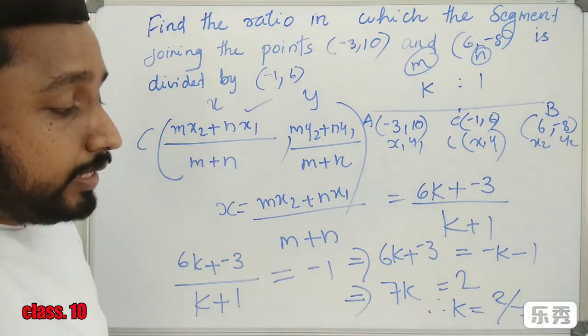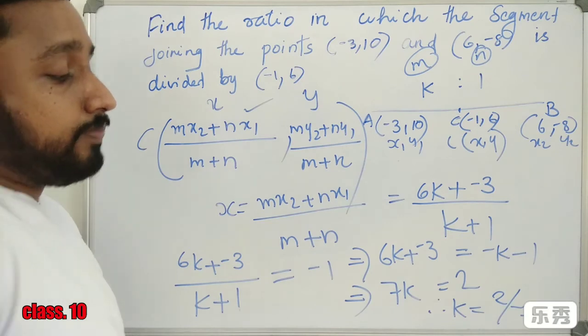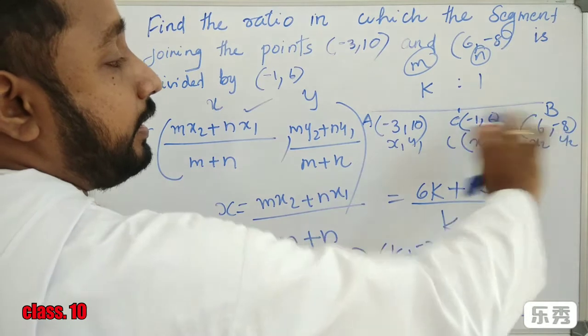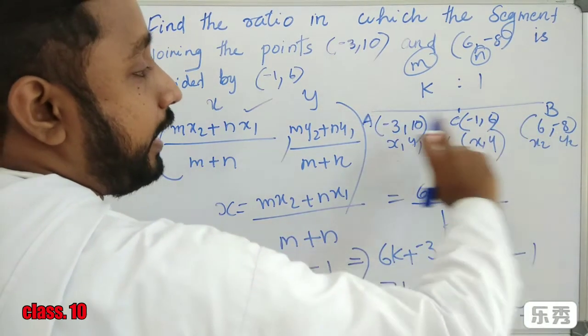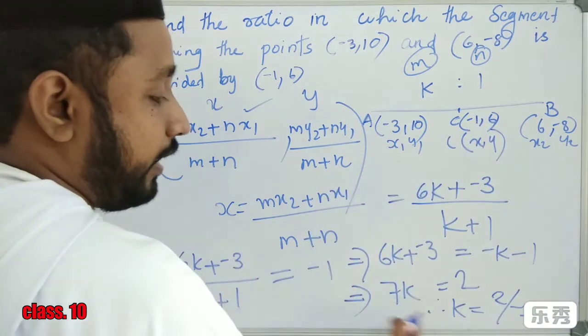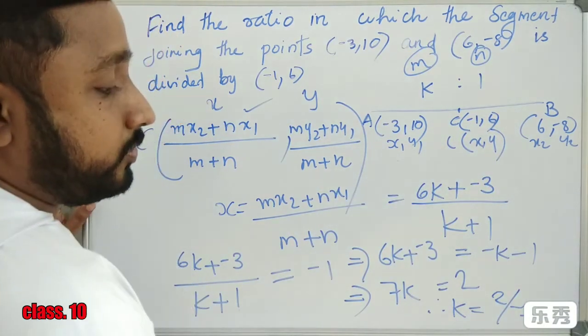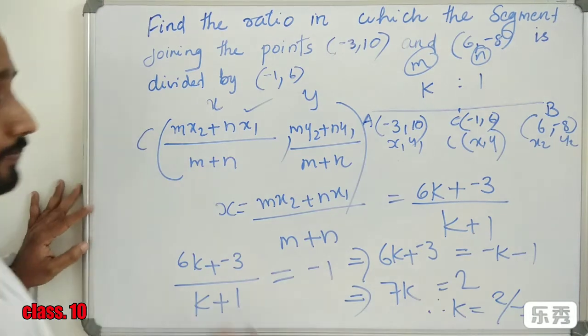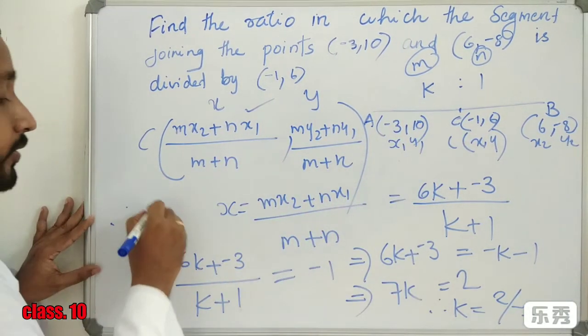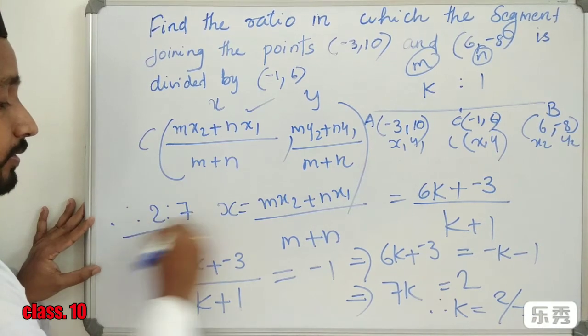So k is equal to 2 by 7 means the ratio in which this divides the line segment joining A and B, the points are minus 1 and 6, and we got k is equal to 2 by 7, which means the division of this line segment is 2:7.